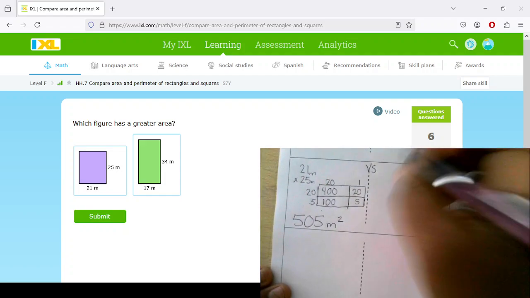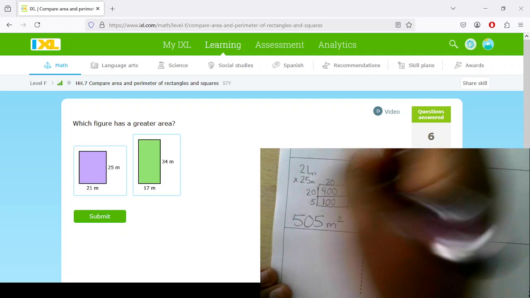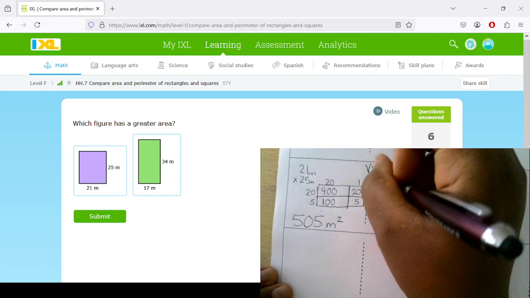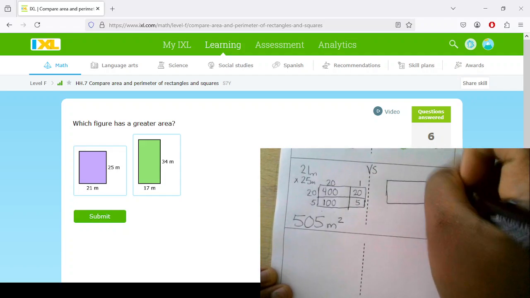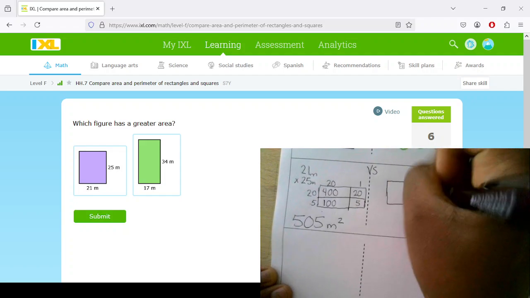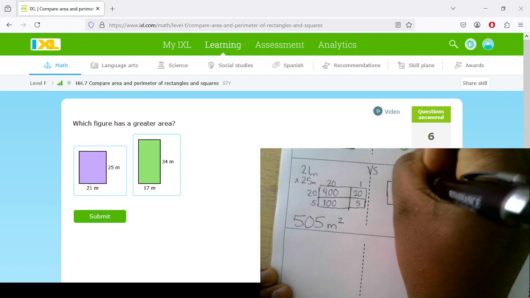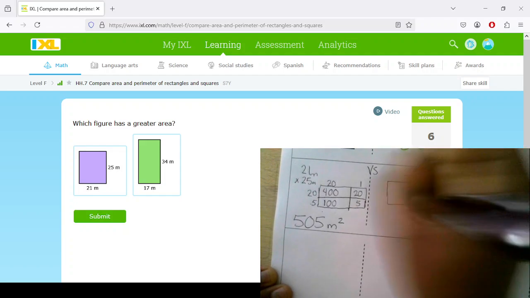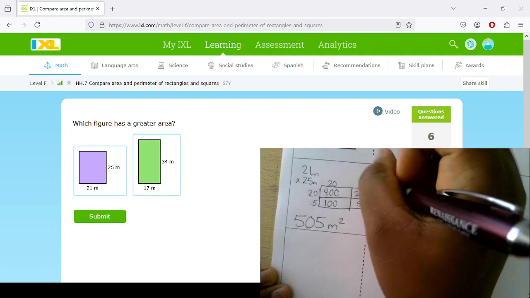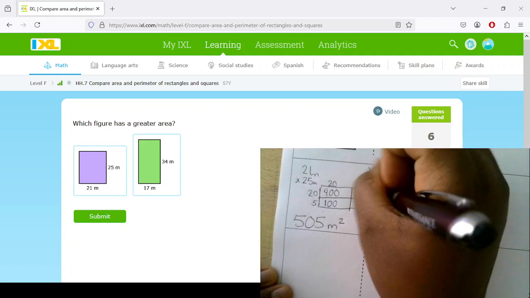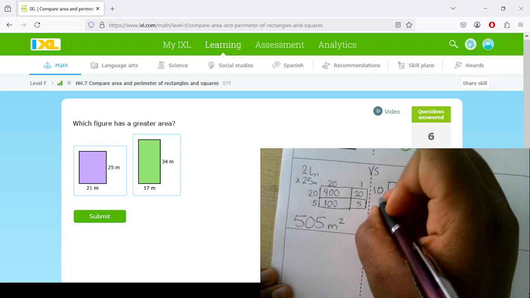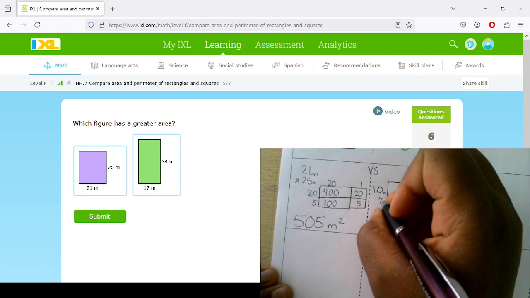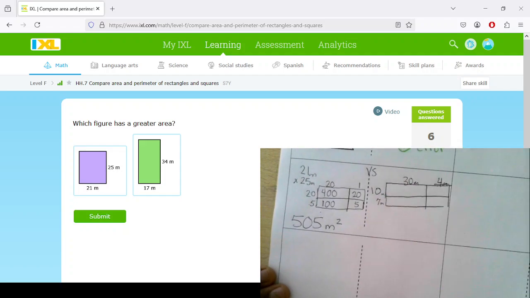Versus, here I have 17 times 34 meters. So 30 meters times 4 meters. I'm sorry, 30 and 4 on one side, 7 meters, 10 meters.